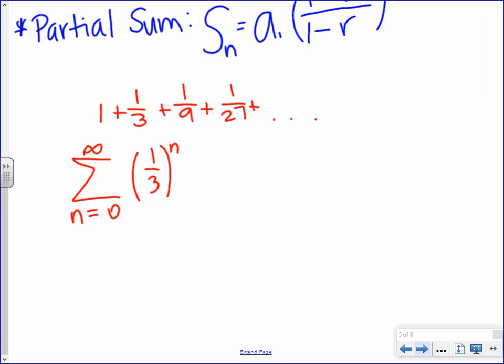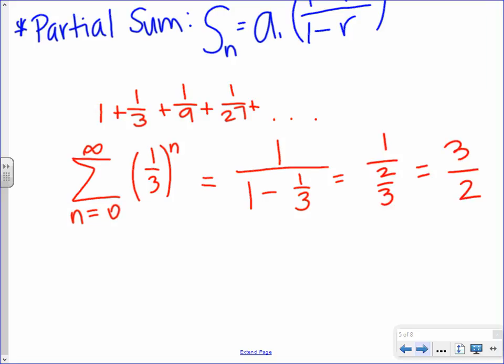So if we wanted to figure out where this converges to, we take the first term over 1 minus that common ratio. This infinite series converges to 3/2. If we add up all of the terms all the way to infinity, our sum converges to 3/2.